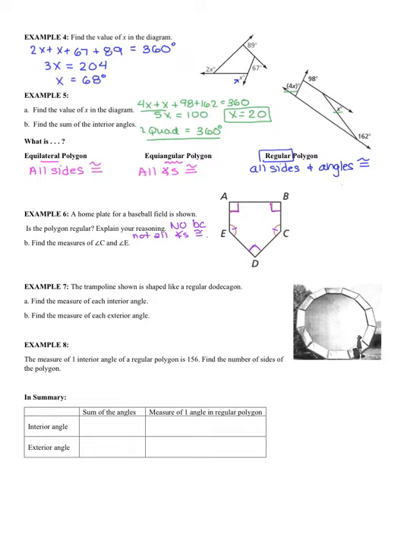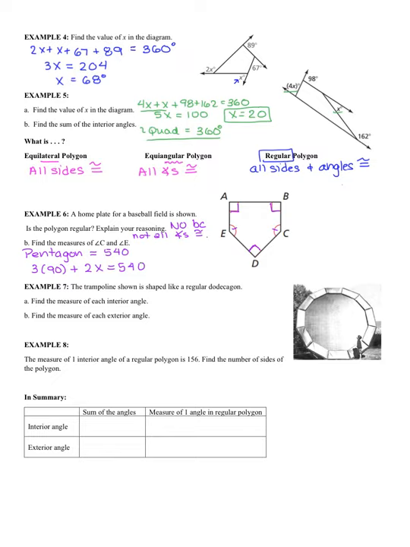And they want us to find the measure of C and E. Well, since it's a pentagon with 5 sides, we know that the sum is going to equal 540. So I have 3 angles that are 90 degrees plus 2 I don't know, and together that has to add up to 540.